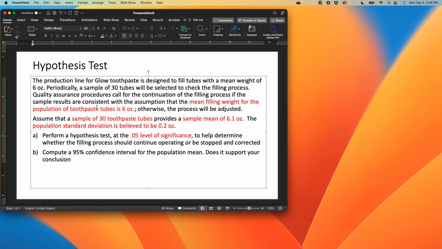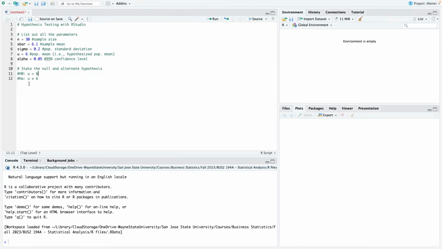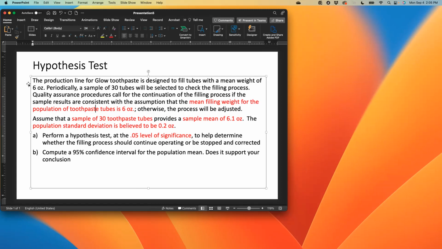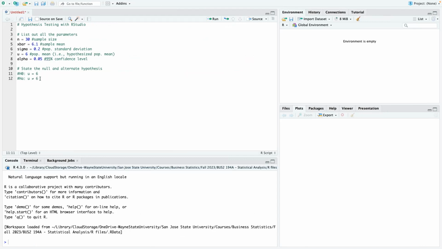HA means that the population mean filling weight for the toothpaste tubes is not equal to 6 ounces. And H0, which is the null, means that the population mean filling weight for the toothpaste tubes is equal to 6 ounces, right? So that's how we set that up.